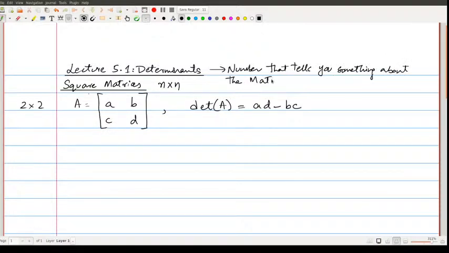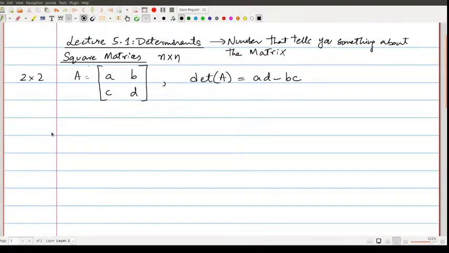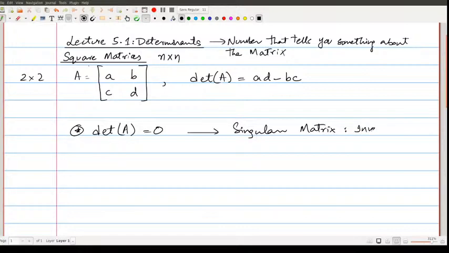Well, if you recall from the 2x2 case, the first thing that a determinant tells you is that if the determinant of a matrix A is 0, then we call it a singular matrix. A singular matrix is just a matrix that does not have an inverse, so the inverse does not exist.